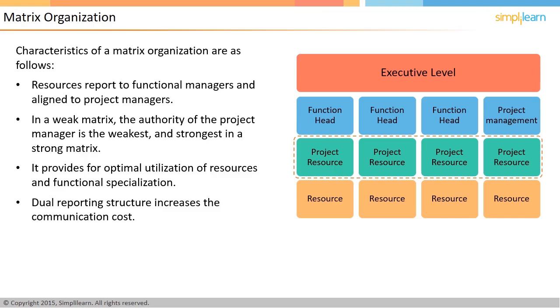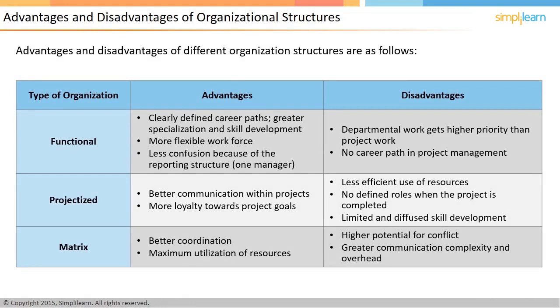In the next screen, let us summarize the advantages and disadvantages of different organizational structures. Each organization structure has its own set of advantages and disadvantages. The advantage of functional organizations is that resources may find clearly defined career paths and achieve specialization and skill development in their respective fields.